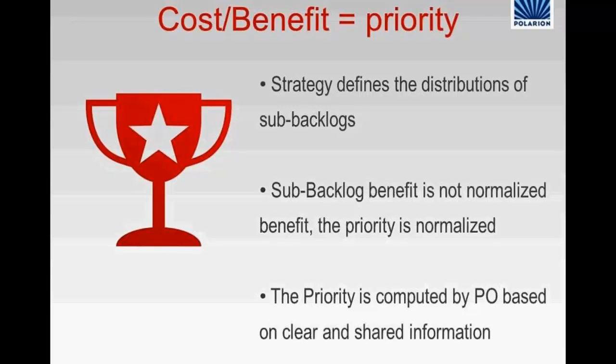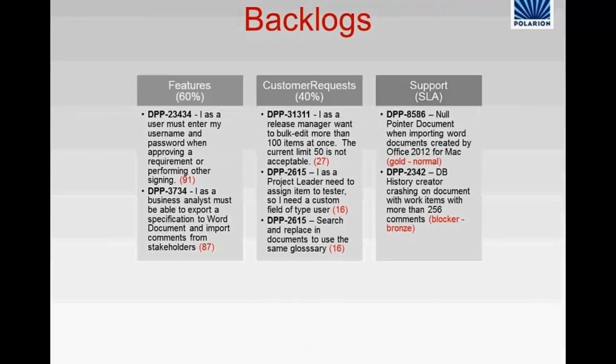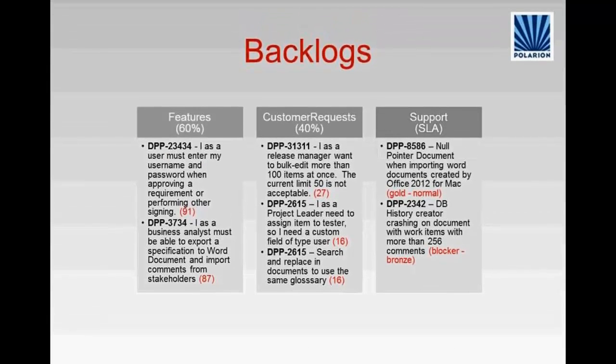And the strategy is what actually defines the distribution of the sub-backlogs. Let me just show the structure. So what do you have at the end? You have multiple backlogs. So multiple categorization of the user stories, like a features backlog, a customer request backlog, a support backlog. In our case, we have actually more of them. So you have also backlogs that are related to process improvements.